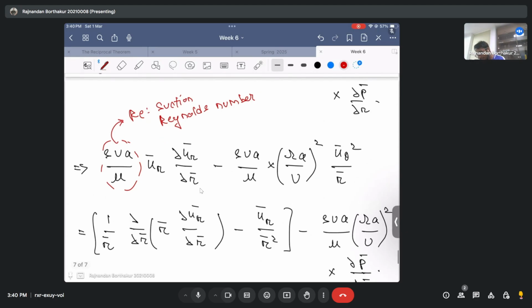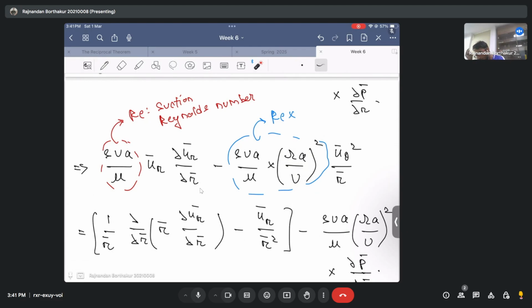And then what is this term? If you have a close look, it is the suction Reynolds number multiplied by the ratio of the characteristic theta direction velocity to the characteristic r direction velocity, which dictates a parameter.